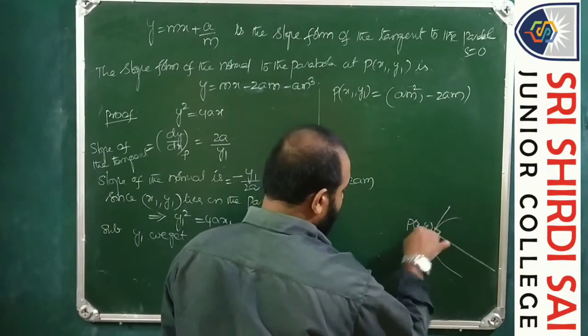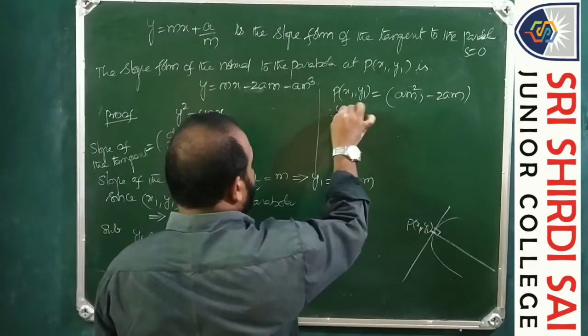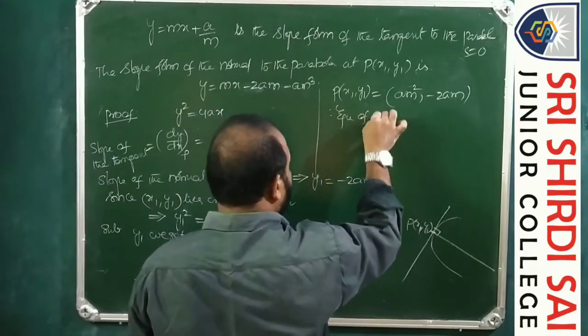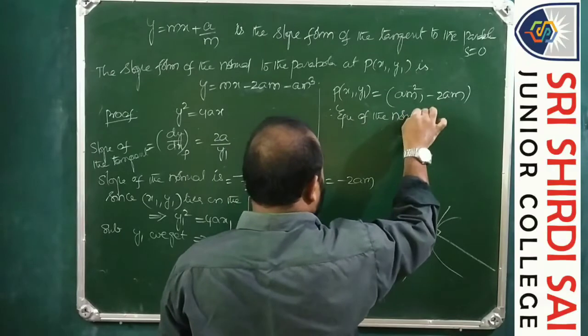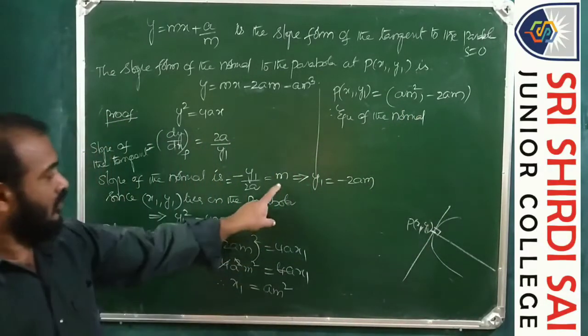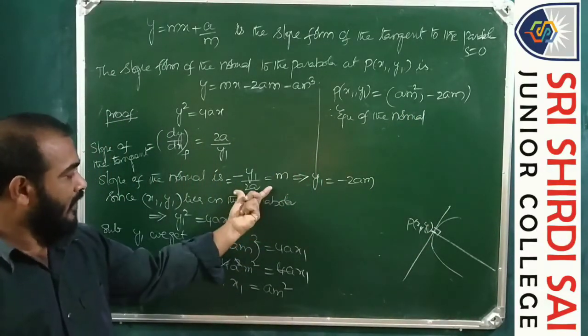So therefore, the equation of the normal: the normal's slope is what? Normal slope is minus y1 by 2a, right?